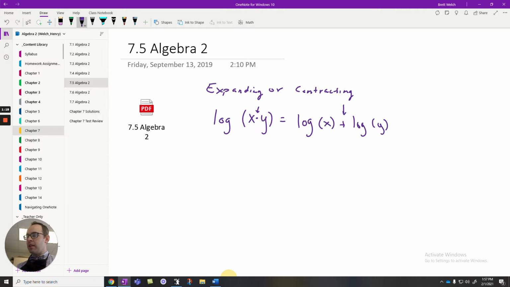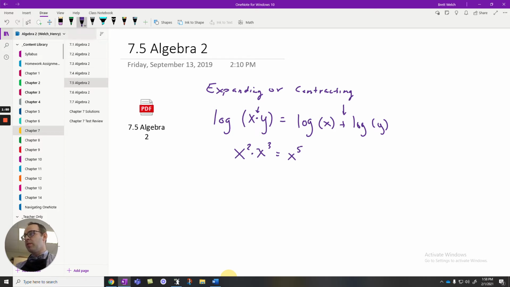Fundamentally it has to do with the idea that when we're manipulating multiplication problems like x squared times x cubed, we add the exponents to create x to the fifth. If you remember from before, a logarithm really is an exponent. So it should make sense that multiplication internally would equate to addition between those logarithms or between those exponents.